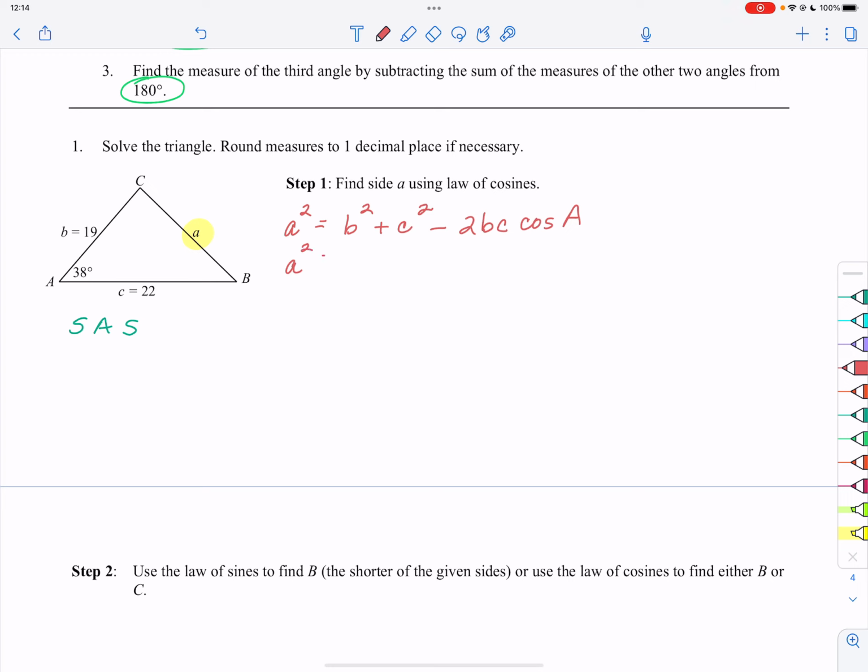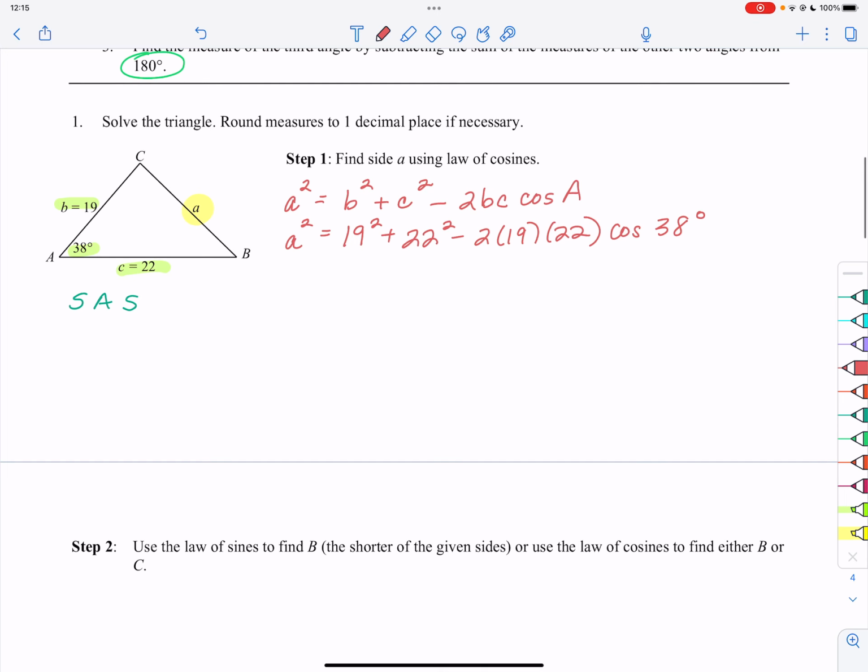So let's fill that in. A squared, A is what we're looking for, is equal to 19 squared plus 22 squared minus 2 times 19 times 22 multiplied by the cosine of 38 degrees. So these are side angle side. Now, if you'll work this out using your calculator, make sure you're in degree mode.